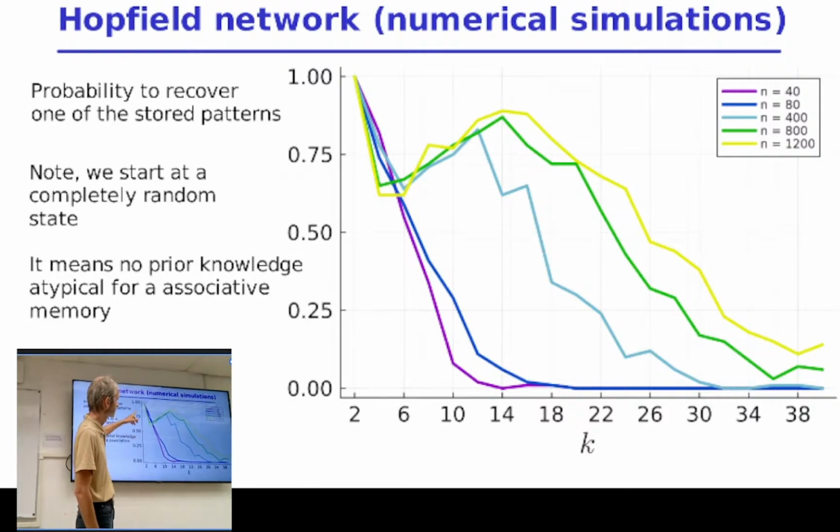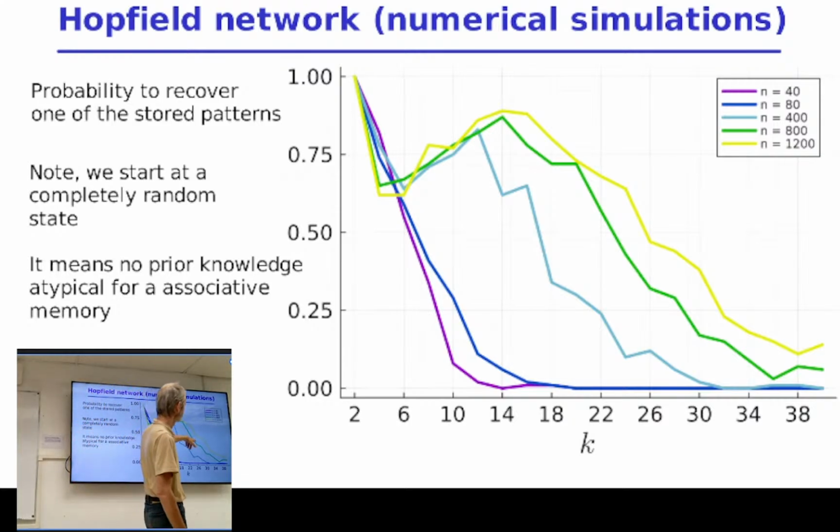And you see that this probability goes down very quickly. Even the yellow and the green curve go to zero very quickly.